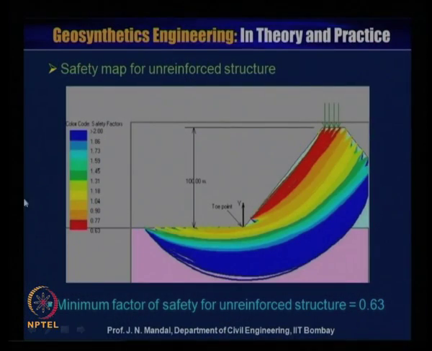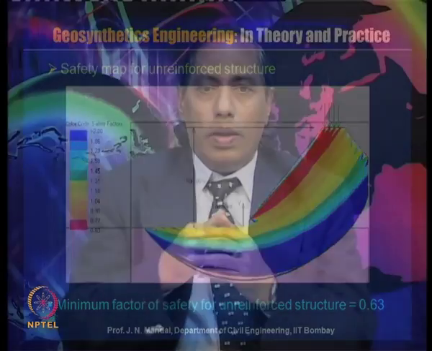Here you can see for the unreinforced soil the minimum factor of safety is 0.63. So this is 0.63 because it is unstable. It is not a stable structure, so you require some reinforcement.